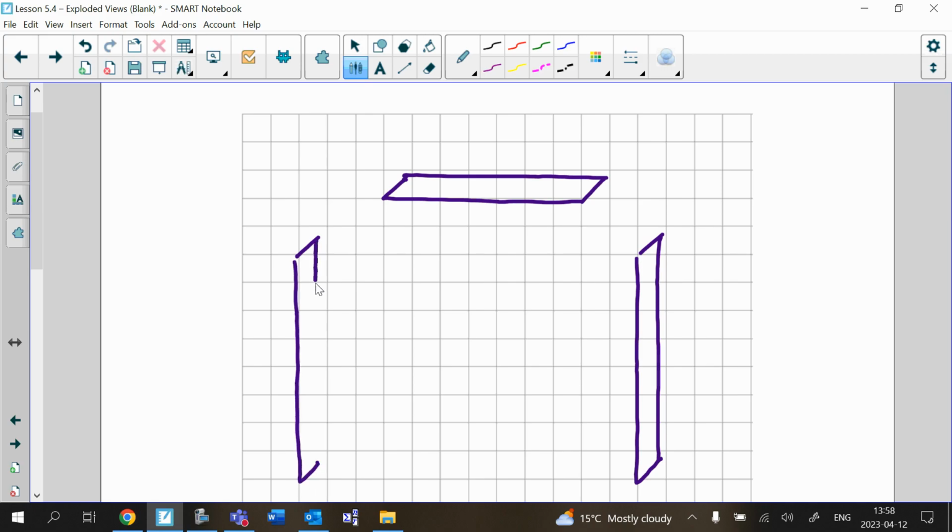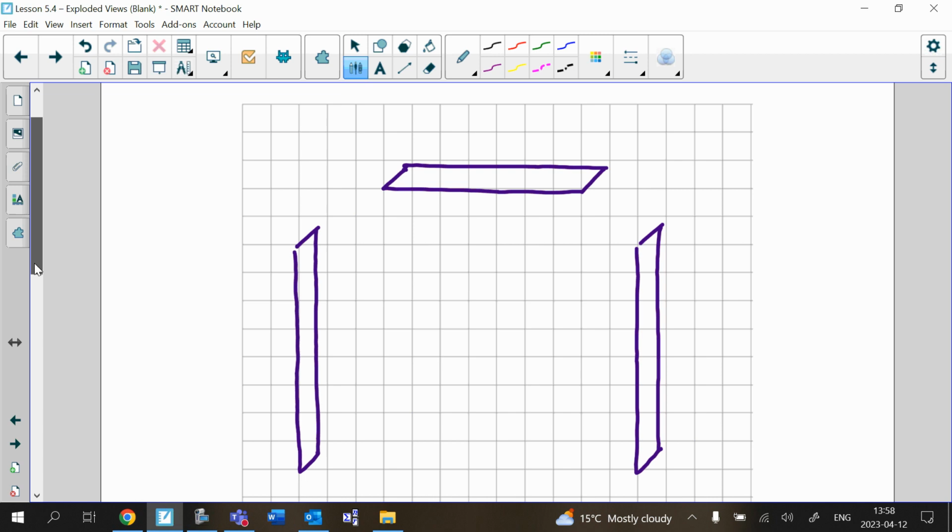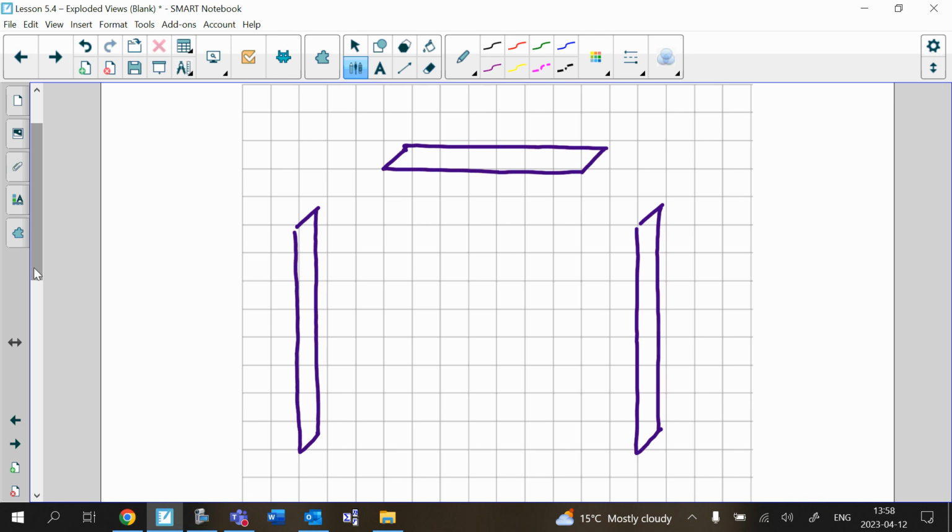Let's do the shelves because they're all going to be the exact same as this. The question is, how far do I go down? Yeah, 2. So to get the next shelf, I have to go 2 down.